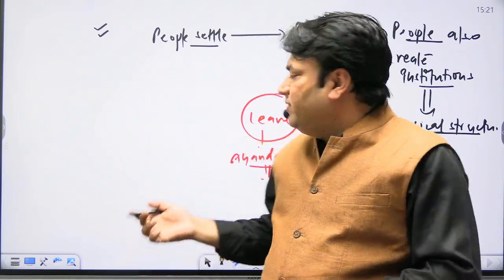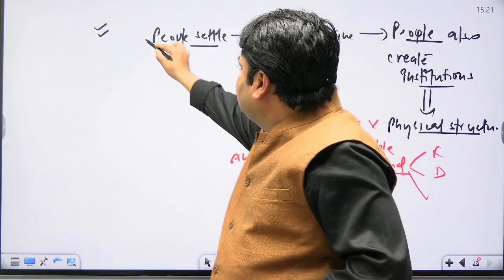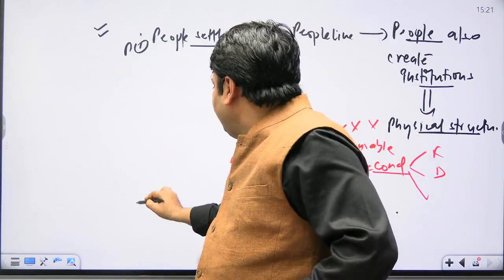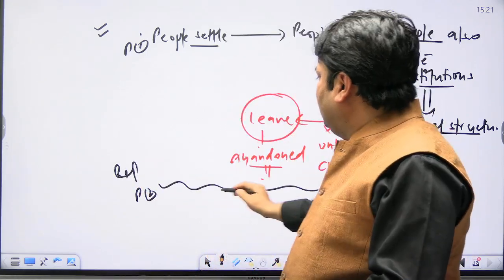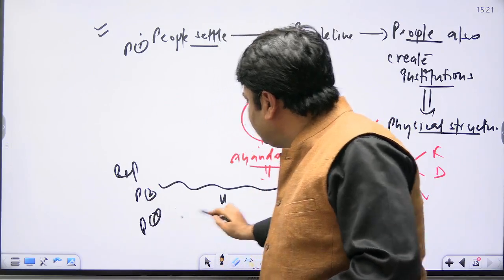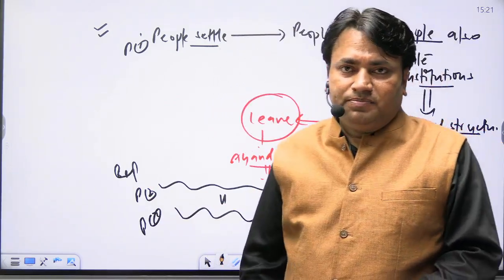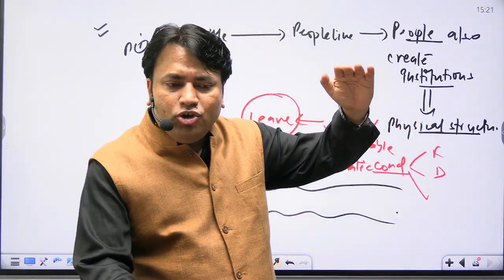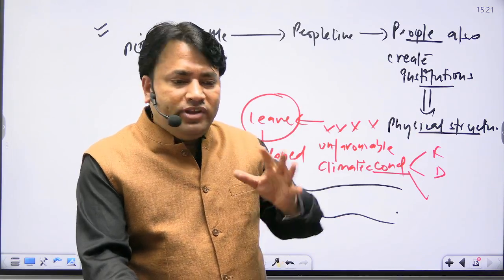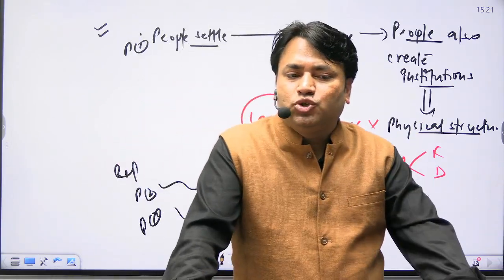Again some people will come, and the same process is repeated here. So this is called the history of human habitations. So when this place is abandoned, what will happen?